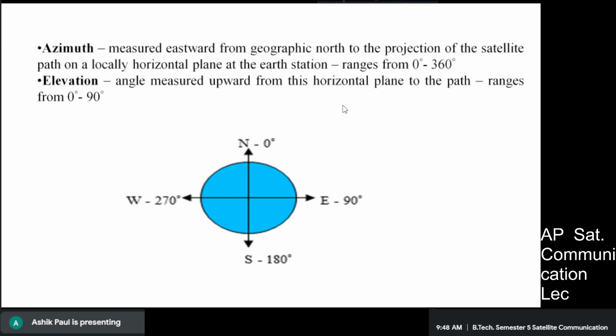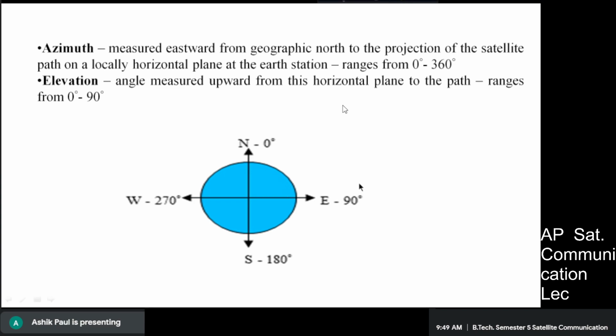So in case of azimuth, the convention that is usually followed is towards the north you have 0 degree, towards the east 90 degree, then towards the south azimuth is taken as 180, and towards the west it is 270.